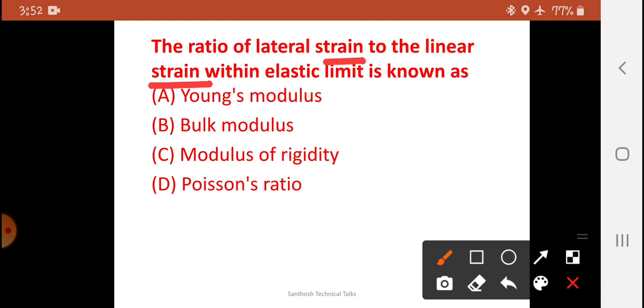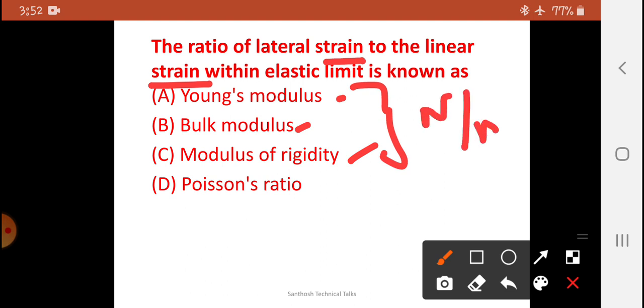Therefore strain doesn't have any unit. So numerator and denominator have no unit. Therefore the final answer should be without unit, but Young's modulus, bulk modulus, rigidity modulus all have a unit of Newton per millimeter square, whereas Poisson ratio does not have a unit.